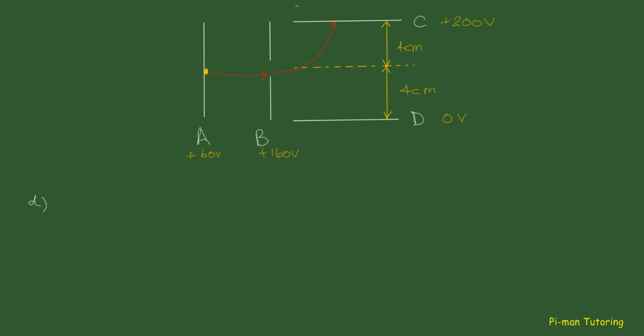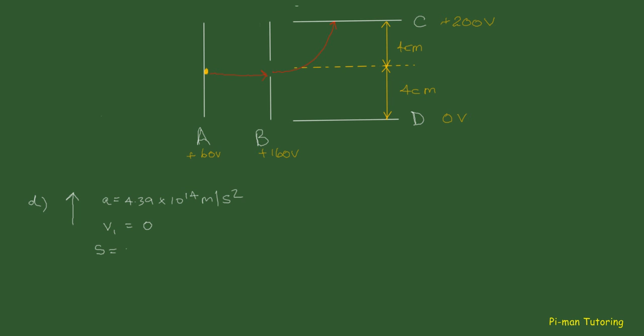To do this, we look at the motion in the vertical direction only. We can say that the acceleration vertically is, as we just calculated, 4.39 times 10 to the 14 meters per second squared. The initial velocity vertically is 0. It doesn't have any vertical velocity, and therefore we can use our kinematic equation.